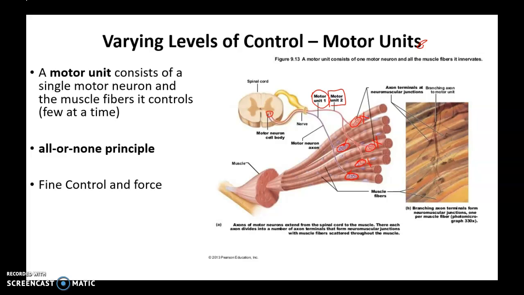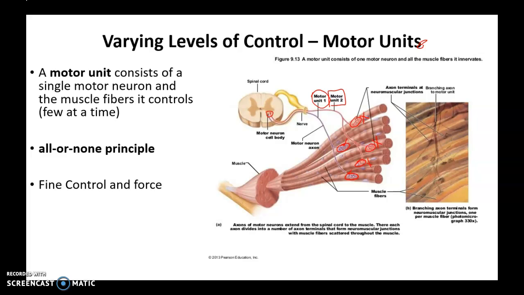So you can recruit only a few motor units because you are not generating a lot of force. Therefore, you don't need to recruit all the motor units present in the muscle. You need to generate little force, so you recruit only a few motor units.